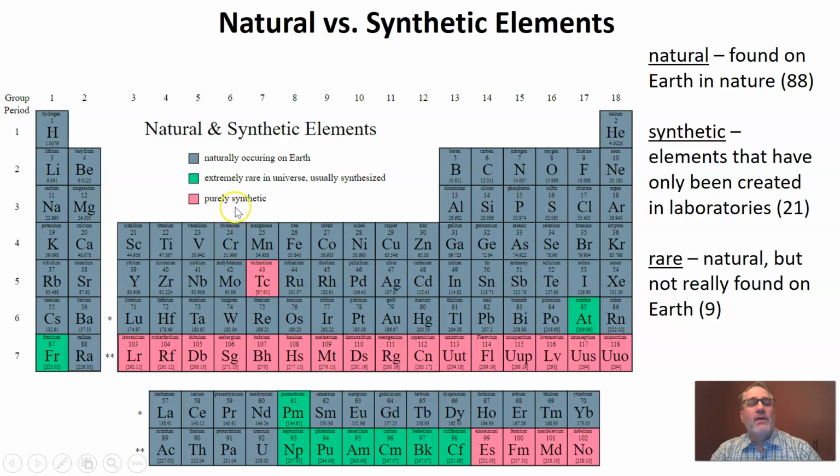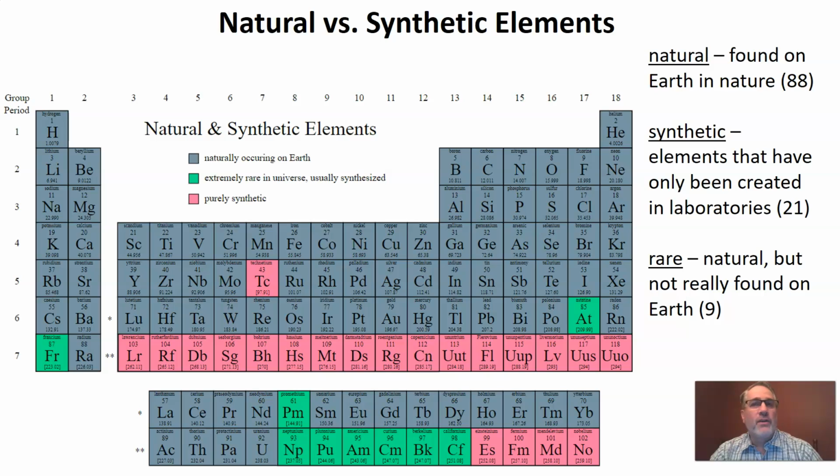And then finally, we have what we call purely synthetic elements. So these purely synthetic elements are the ones that are shown here. They're shaded in pink. And purely synthetic elements have only been created by humans inside of laboratories. Generally speaking, these synthetic elements are created in a very expensive and very controlled laboratory setting, and most of the time the elements last for maybe even a second.